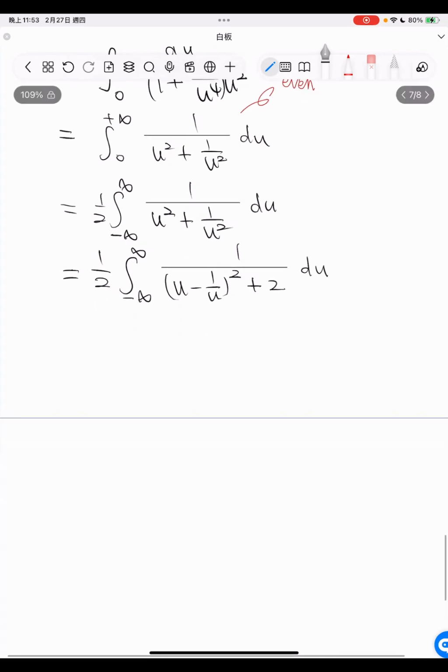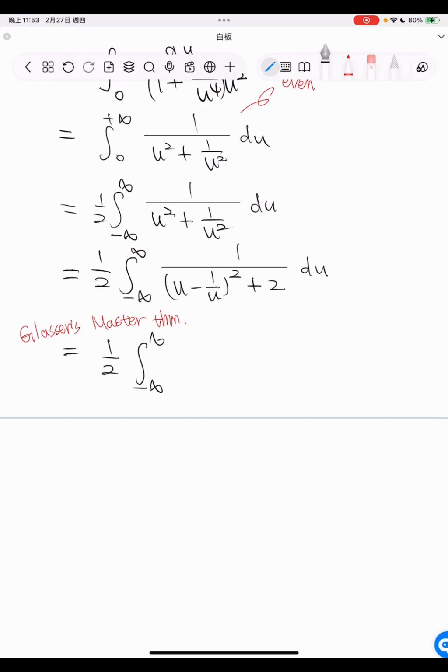So we can use Glasser's master theorem, and we can get one half times the integral from minus infinity to infinity of 1 over u squared plus 2 du.